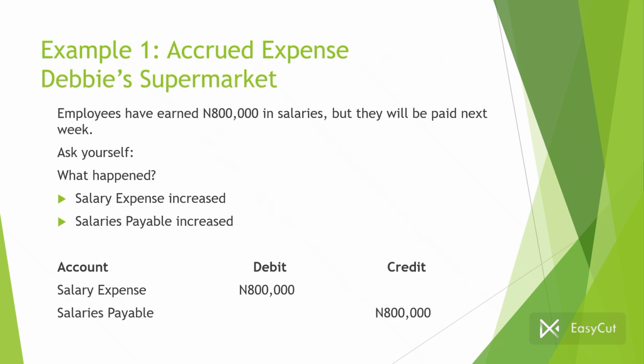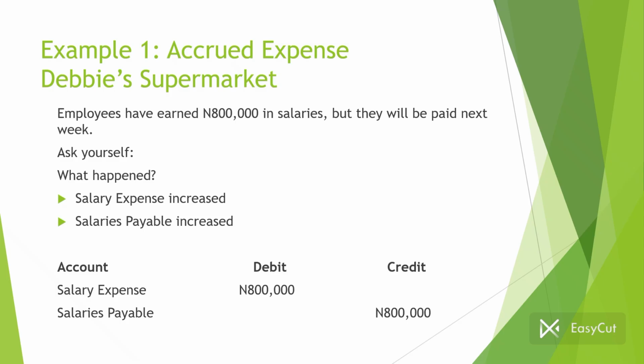Now, let's look at some examples. An example on accrued expense, that's an expense that you're owing. Our example: Debbie Supermarket. Imagine Debbie Supermarket employees have earned 800,000 naira in salaries, but they will be paid next week. Ask yourself what happened.